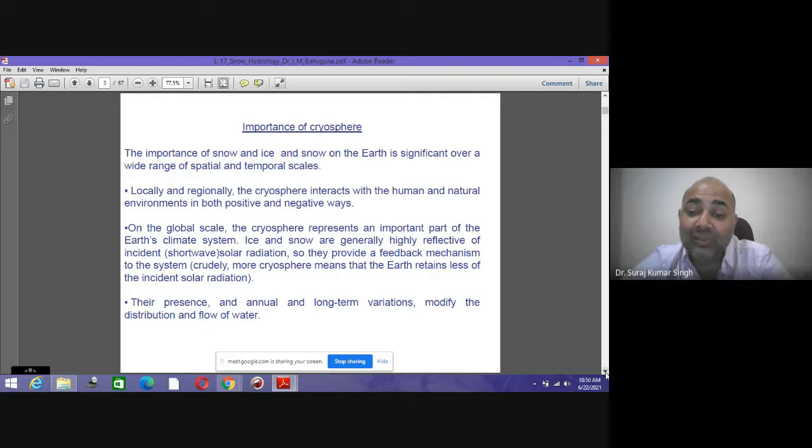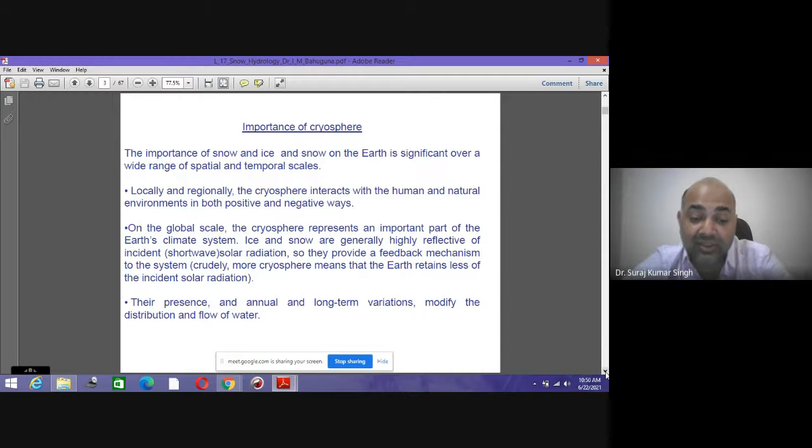Then ice and snow are generally highly reflective of the incident shortwave radiation. So they provide a feedback mechanism to the system, that is more cryosphere means that the Earth retains less of the incident solar radiation. The more is the cryosphere, the less is the solar radiation.